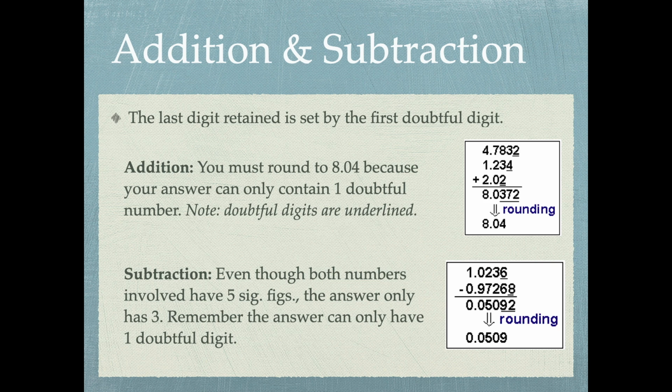So let's look at multiplication and division. I guess before I do that, let me explain this. The reason that there's a different rule for addition and subtraction versus multiplication and division is, think of it like this. When you're adding and subtracting numbers, your units are always the same, right?